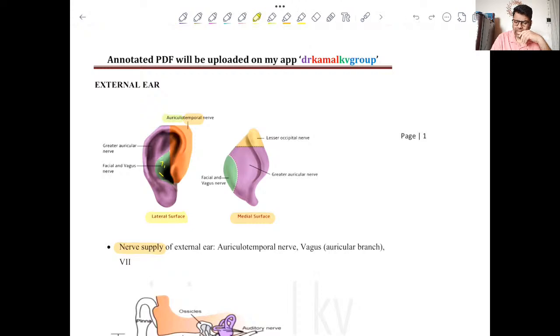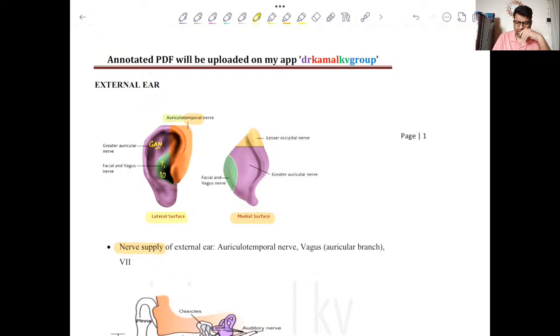So 7th and 10th, and for the 10th especially one branch is the auricular branch, which is also known as Arnold's nerve, right? So 7th and 10th, and then another important branch is the great auricular nerve, right? So these are different nerves which supply the external ear on the lateral aspect.